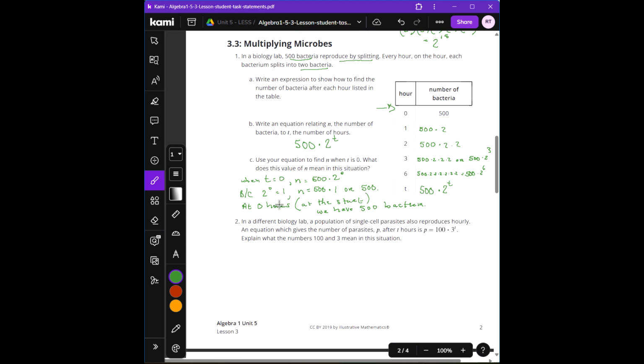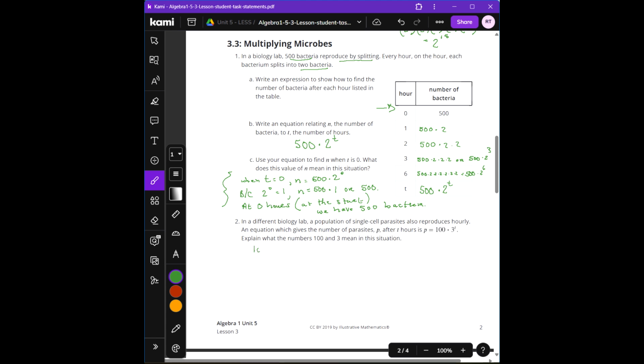Okay, in a different biology lab, the population of single-cell parasites also reproduces hourly. An equation which gives the number of parasites, P, after T hours is P equals 100 times 3 to the T. Explain what the number 100 and 3 mean in this situation. Okay, so we're going to use what we just learned here.